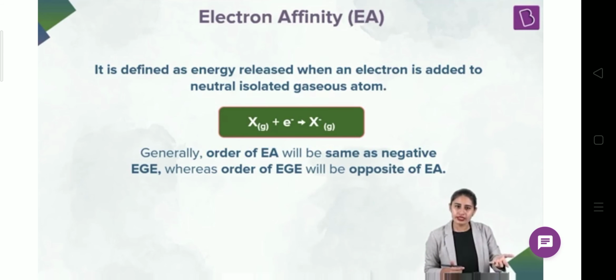So the more energy released when an electron is gained by an atom, the higher the electron affinity. Affinity means maybe love for an electron.